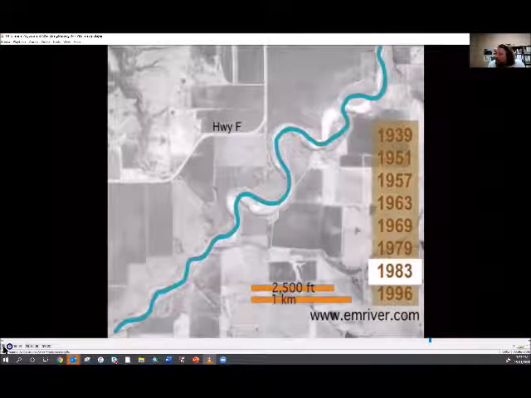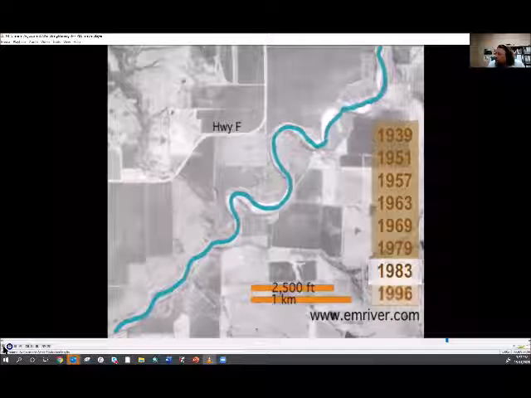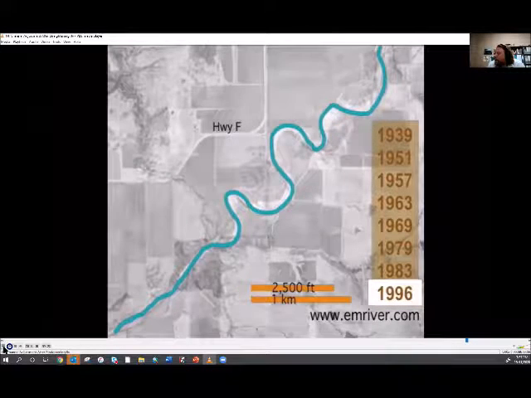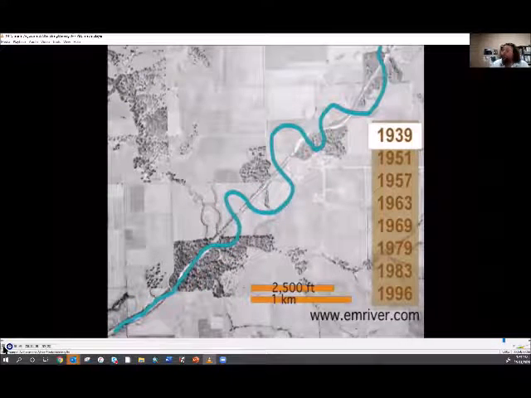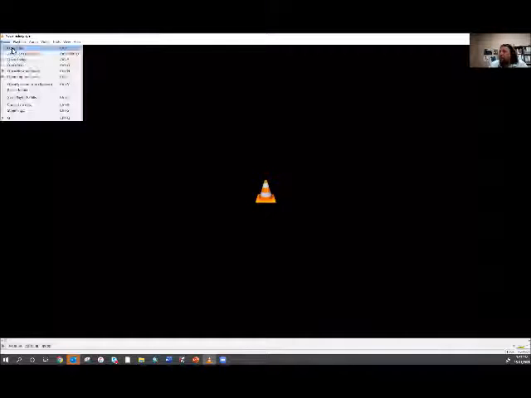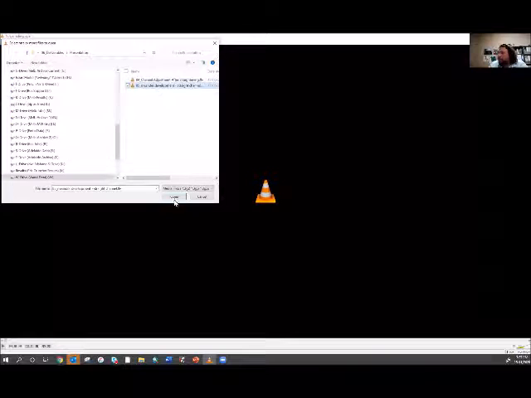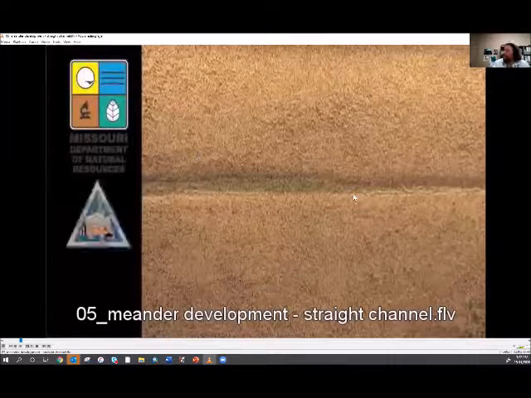Now I'll go back and show one more file. This one might be a little bit harder to see because it's a bit pixelated, but this is the same process. There's just water being passed through a sand bed watercourse, and you can see there that once it's been straightened, the river doesn't want to stay straightened.